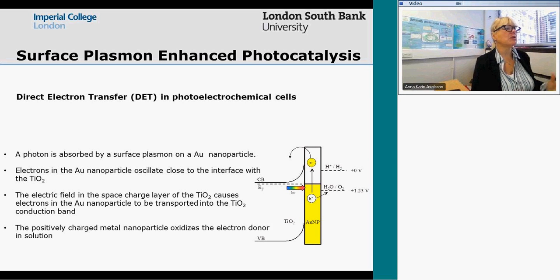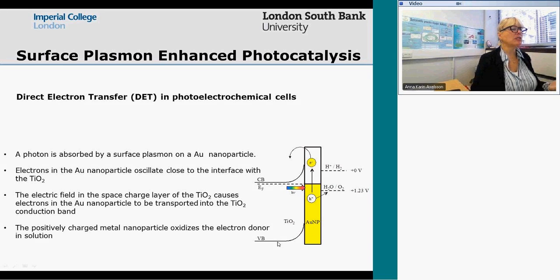For example, if there should be a direct electron transfer between the gold and the TiO2 surface, we started with the possibility of such mechanisms. We look at the different potentials we need for driving it in the gold particles, and here are the conduction band and valence band of the titanium.